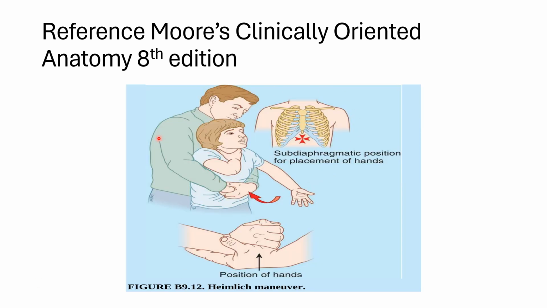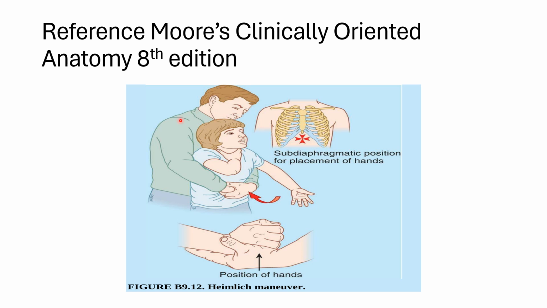Now, I have already discussed this in the larynx chapter. This is the Heimlich maneuver, in which you stand behind the patient who has something stuck. You first have to make sure that there is some food or bolus stuck in the larynx of that person.